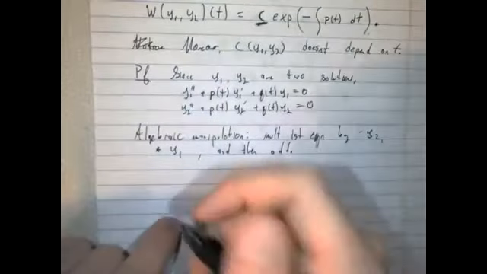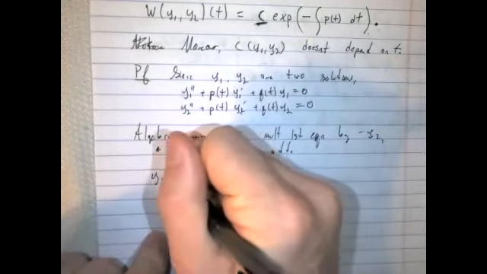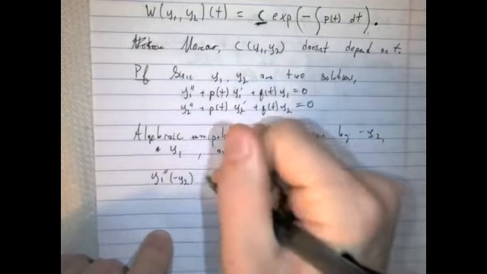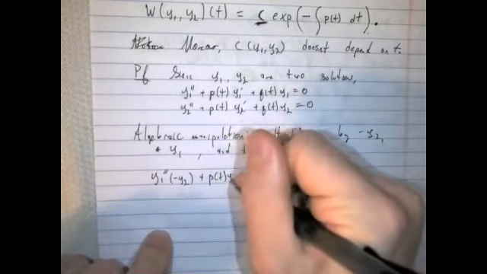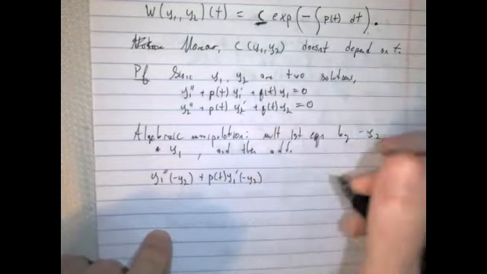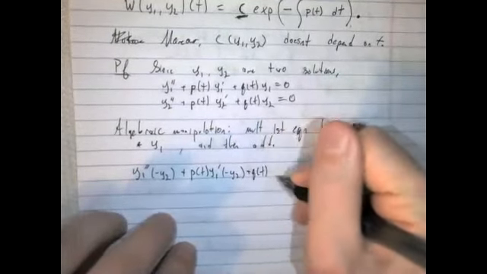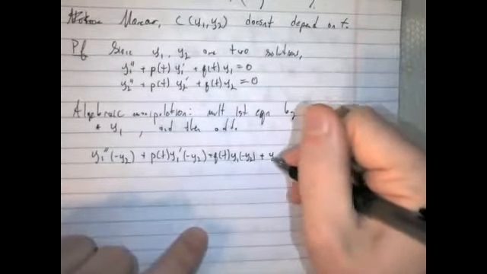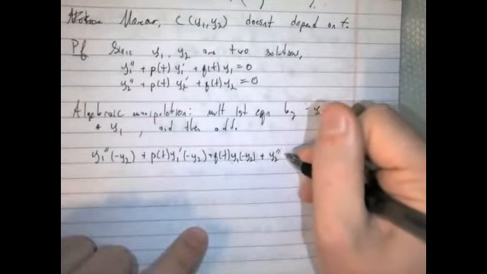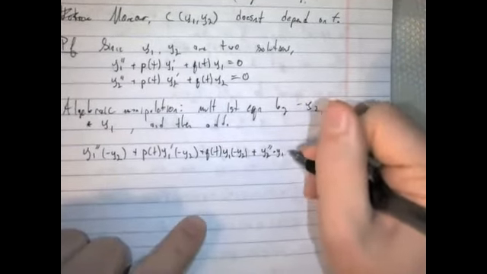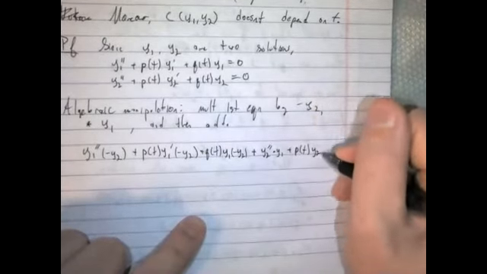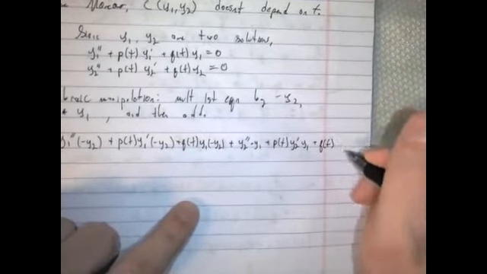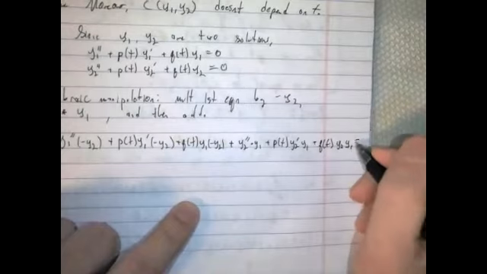If these two things must be 0, then y1 double prime times negative y2 plus p of t y1 prime times negative y2 plus q of t y1 negative y2 plus y2 double prime times y1 plus p of t y2 prime y1 plus q of t y2 y1, all this must be equal to 0.